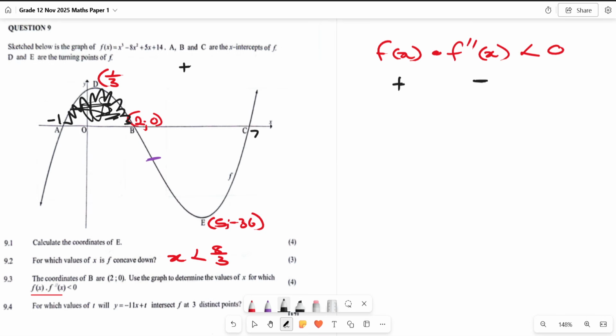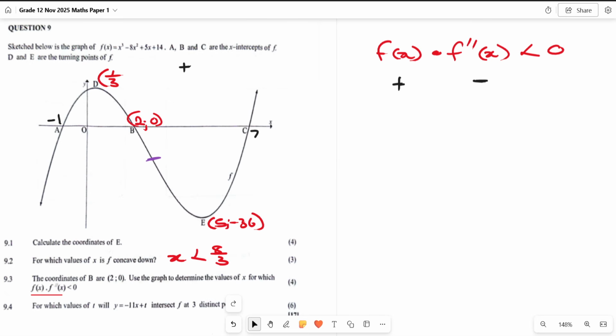Now, what do we make of the derivative of the derivative? What does the derivative of the derivative really mean? We need to understand that so that we can proceed with answering this question. Guys, the derivative of the derivative, like in the previous question, just tells you concave up or concave down.